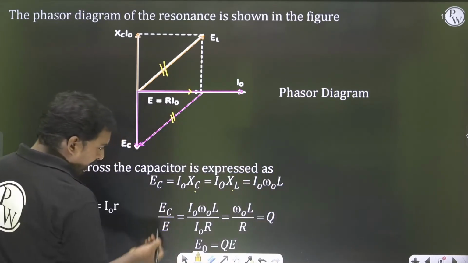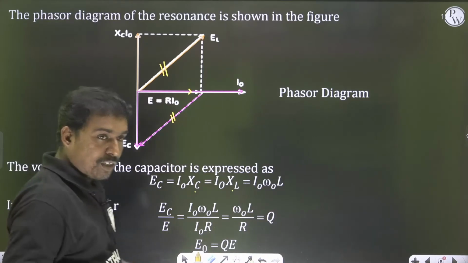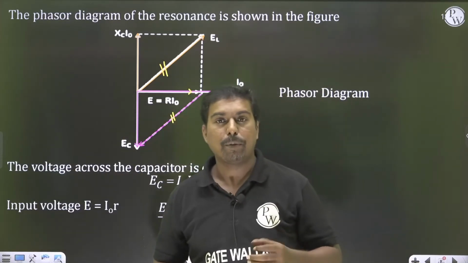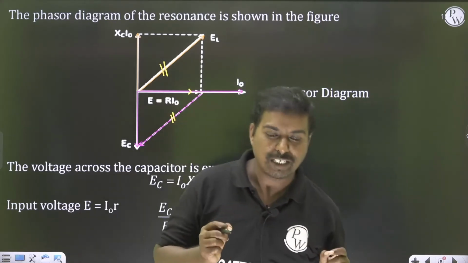If you take the ratio of these two, I am going to get omega L by R, which is nothing but Q. That means at resonance, the voltage across the capacitor will be Q times the supply voltage. So please try to understand this logic.